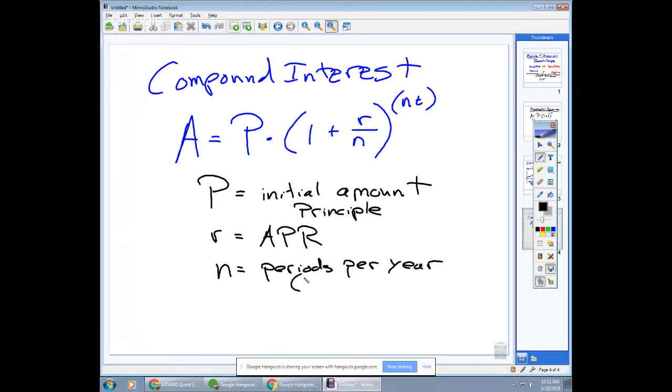So that could be something like 12 for monthly, or 365 for days. And there's other options that could be. It could be 4 for quarterly. And T is going to have to be years because I have the rate in years there. So that was our compound interest formula.